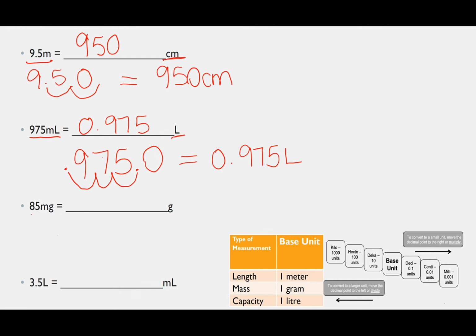Our next one, 85 milligrams, converting it to grams. So milligrams, that is again at the bottom of our ladder, and we are moving to grams. Grams is a base unit, so we're moving this way. If we take our decimal here, we can move it 1, 2, 3 times.